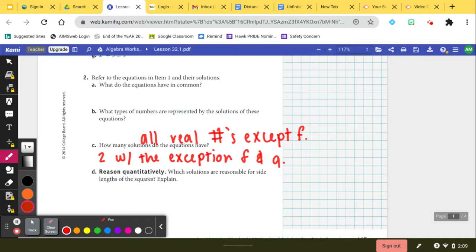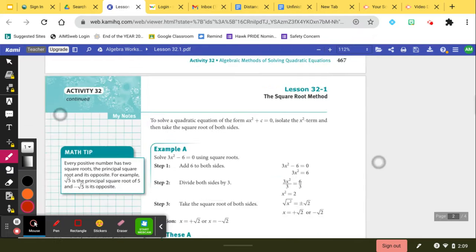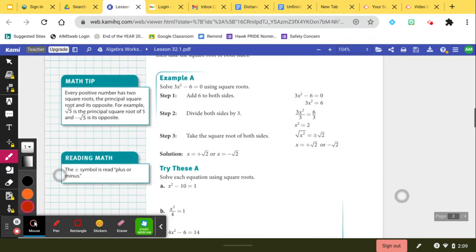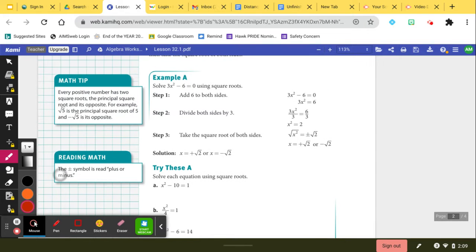Then we're going to skip D because it has to do with the story that these problems were set up in. And we're actually going to go to example A, where it says solve this using the square roots. So this is, again, just like we were doing earlier, just solving for x.